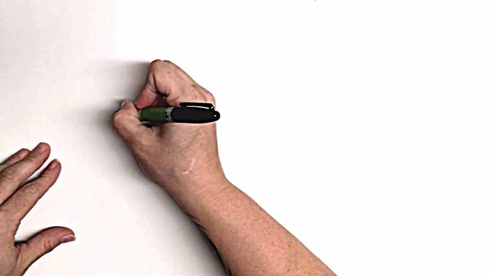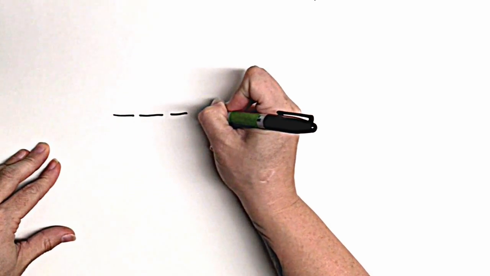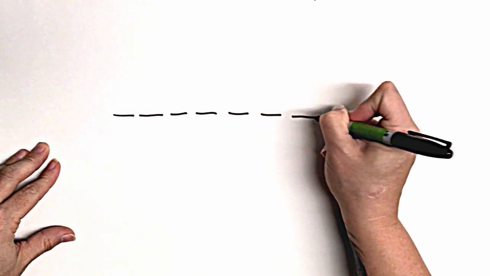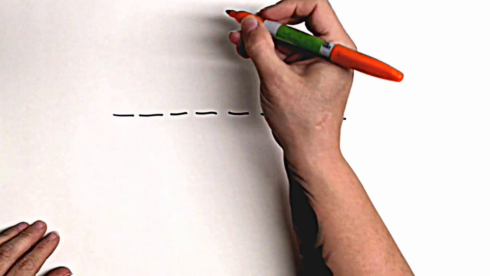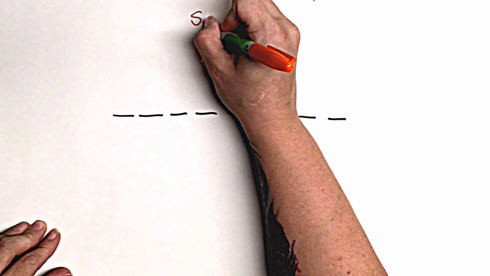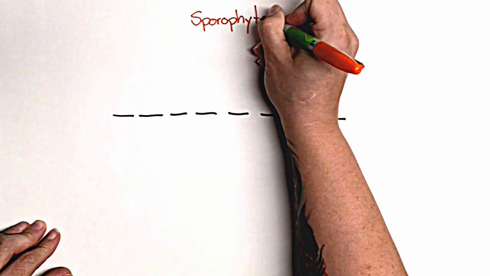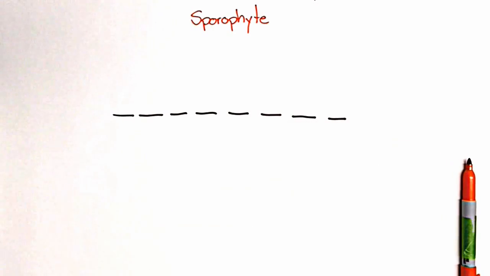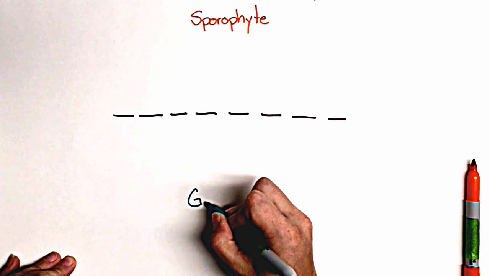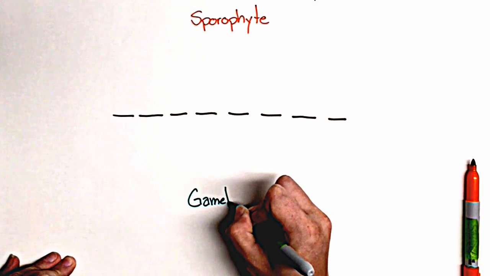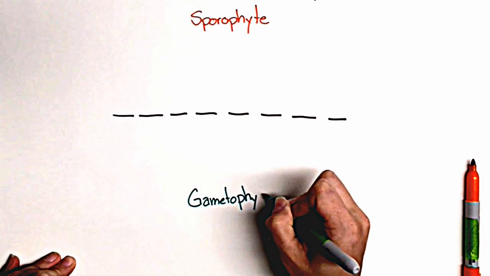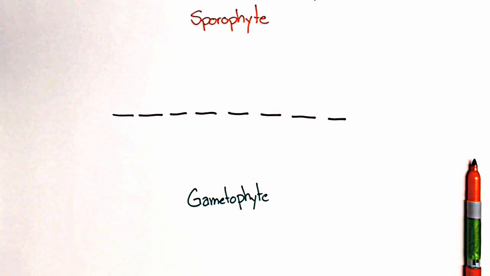All right, so we know that we're going to be alternating between two types of generations, and that is going to be our sporophyte generation over on this side, right? And then our gametophyte generation down here.